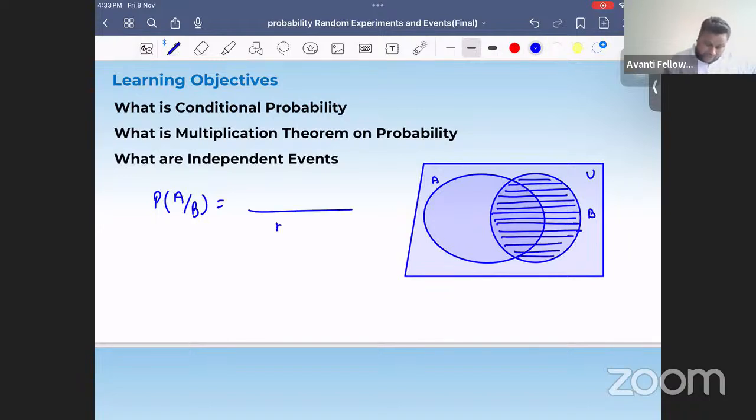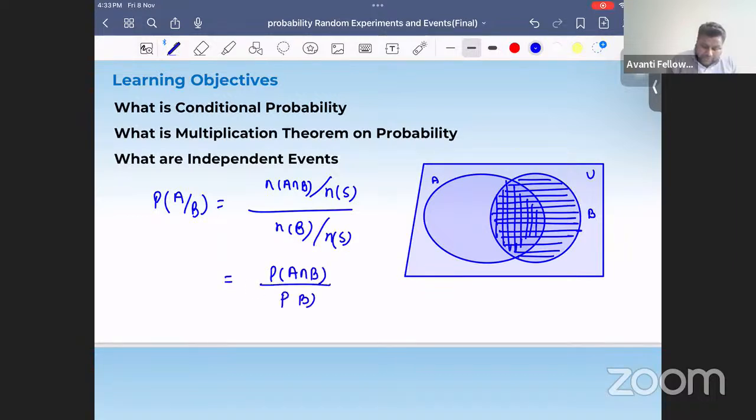That is the number of elements in B. And now along with this B, event A is occurring. So A is occurring here, in B. So that is the number of elements in A intersection B. Now if you divide it by n(S), that is the sample space, what do you get? The probability of A intersection B upon the probability of B.